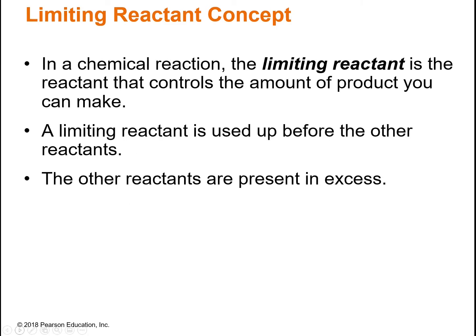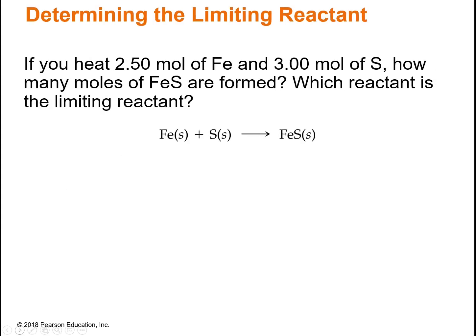We can use that same logic to talk about a limiting reactant. That limiting reactant is going to control how much product you can make at the end. It gets used up before all the other reactants. I'll show you what I mean. Let's say that we heat 2.5 moles of iron and 3 moles of sulfur. And we're trying to figure out how many moles of iron(II) sulfide are formed.